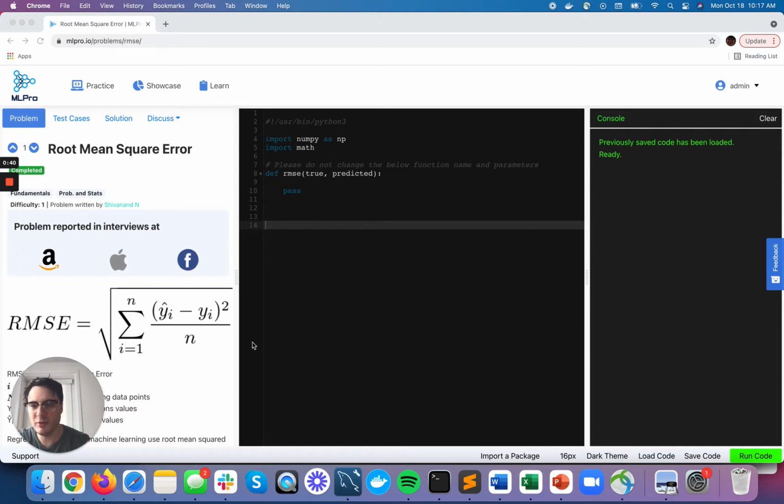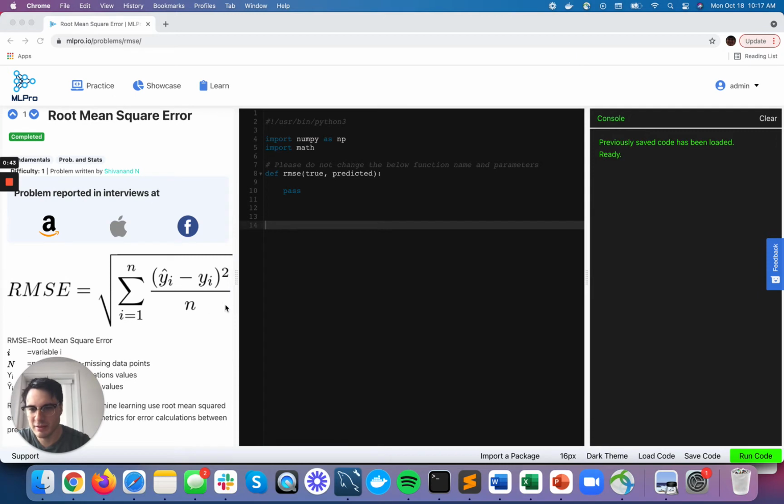The symbol we use in math, here we see the equation for root mean squared error, or RMSE for short. This y with a hat over it is the predicted value for the ith data point. We have n data points total, and we can index them with i, just like in a for loop, for i in range of whatever.